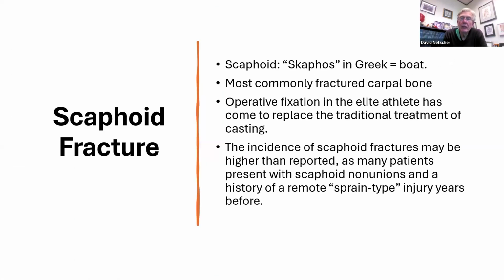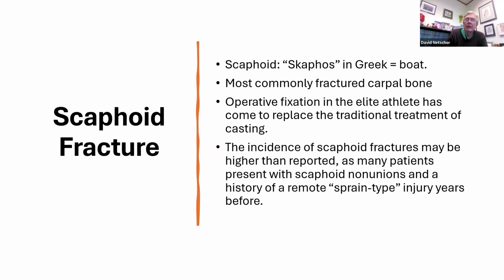So we'll now go on to scaphoid fractures, and scaphos is the Greek word for boat, and that's the shape of the scaphoid bone. It is the most commonly fractured carpal bone in the wrist. We tend to lean more liberally towards operative fixation, especially in the elite athlete, even for the non-displaced scaphoid fracture.